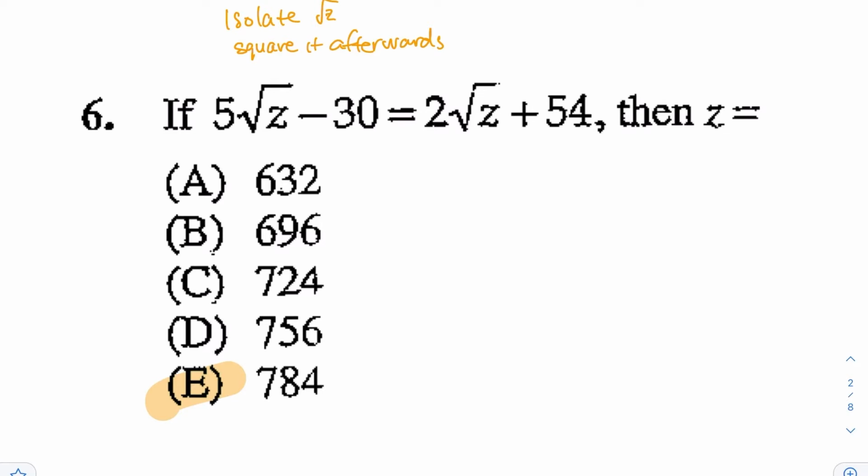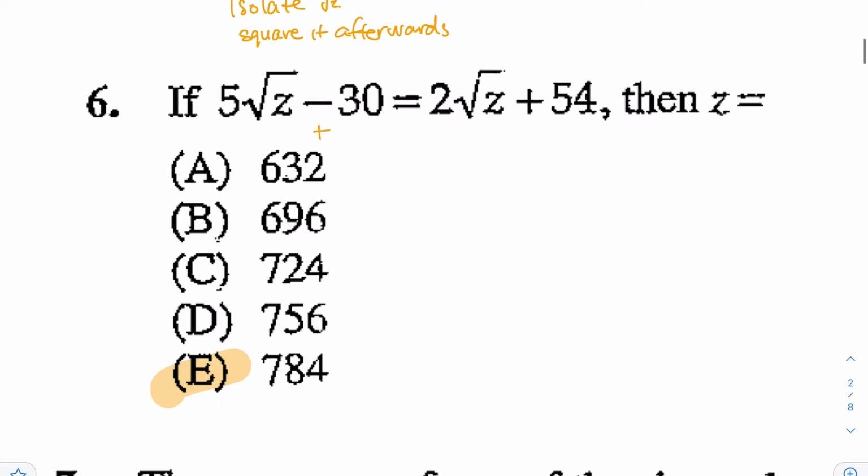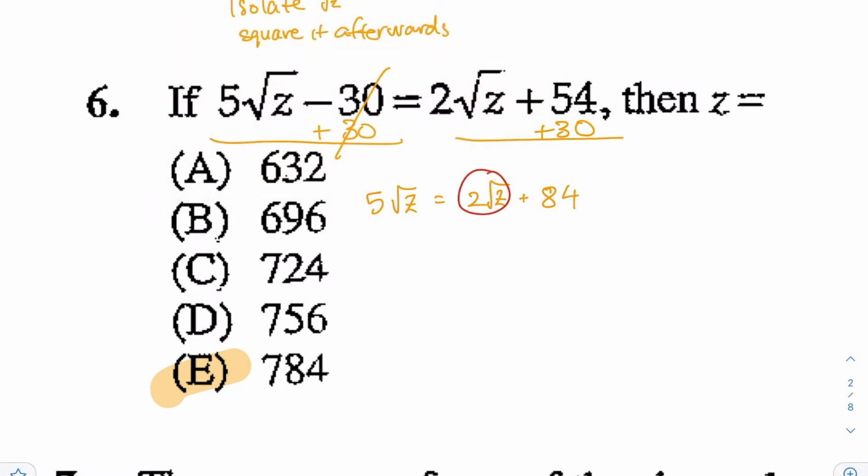But you have to clean this up first, so that requires adding 30 to both sides. So if you add 30 to both sides, it'll cancel out the negative 30 on the left, and that'll give you 5 root z on the left is equal to 2 times root z plus 84. And then next step, it turns out that because both of these are square root of z, they're actually like terms.